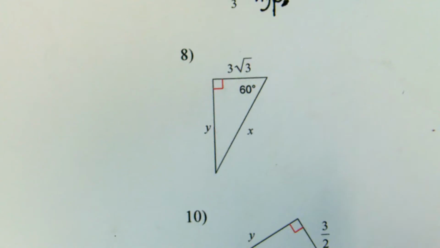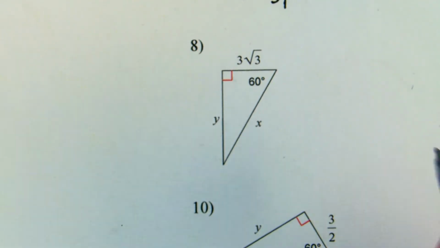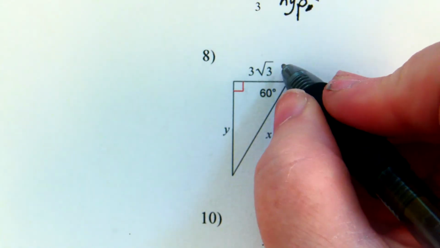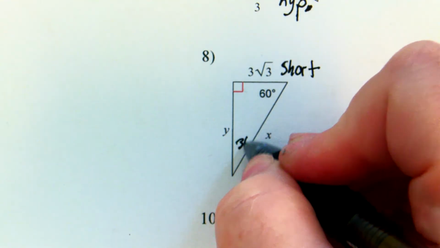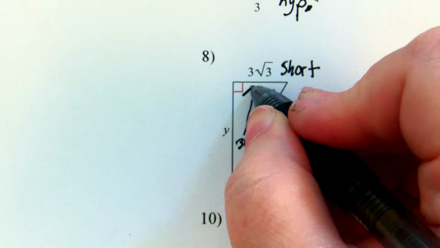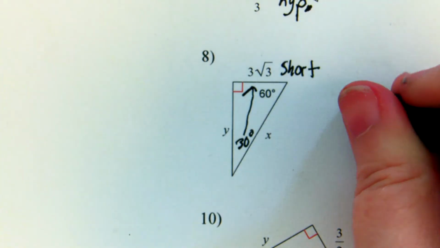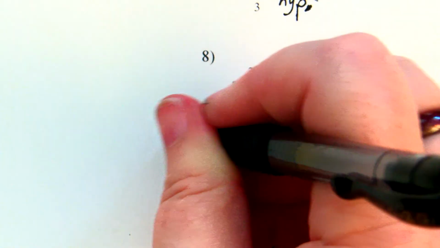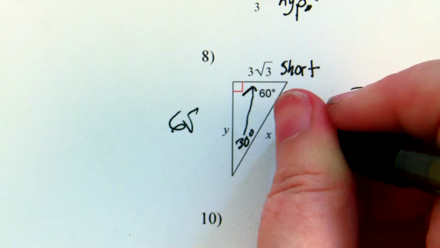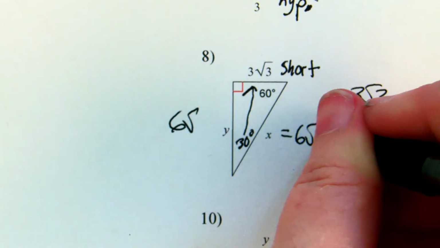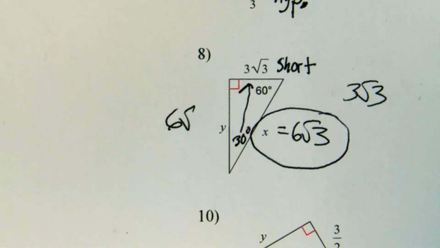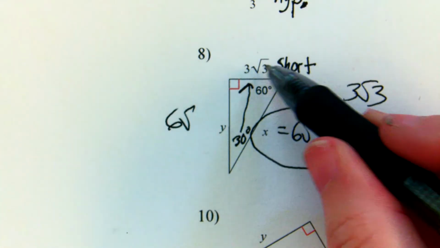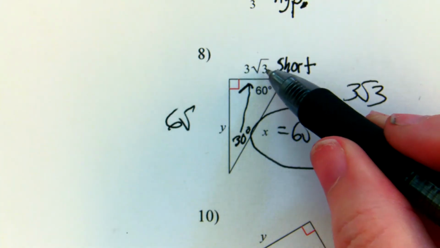Here, they gave us 3 rad 3 for the short leg, because it's across from the 30. So you take 3 rad 3 and double it, and then it's 6 rad 3 for the hypotenuse. I started to write in the wrong place. 6 rad 3 for the hypotenuse. You double just the number in front, the coefficient, not the radical.